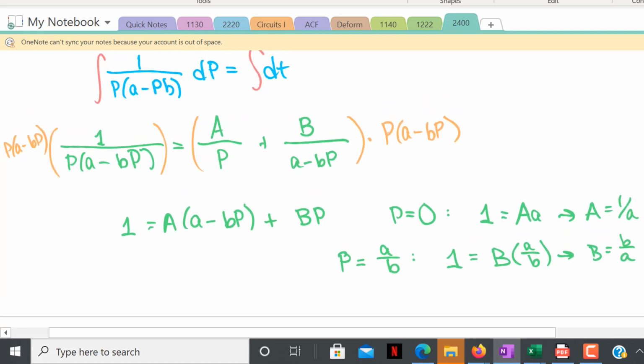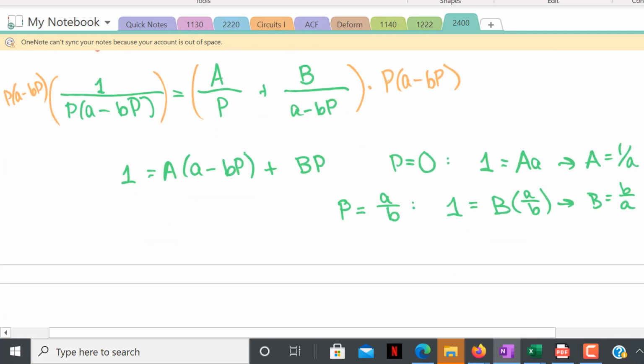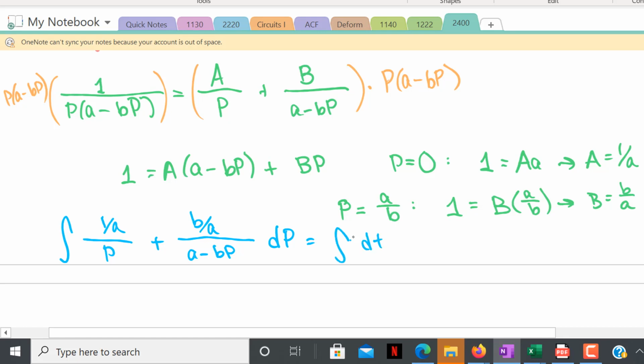So now I can rewrite the left-hand side as the integral of those two fractions. So I'll write it here. I have (1 over little a) over P plus (little b over little a) divided by (a minus little bP), all dP, equals the integral of dt, and if it helps, you can think of having a 1 there.